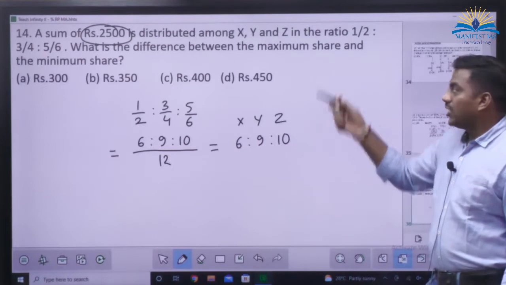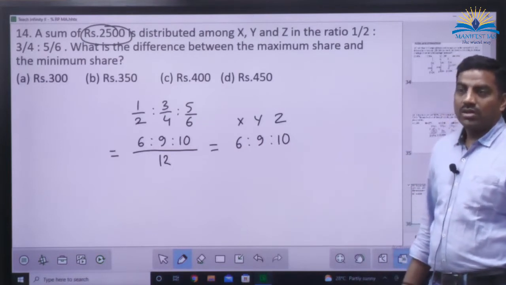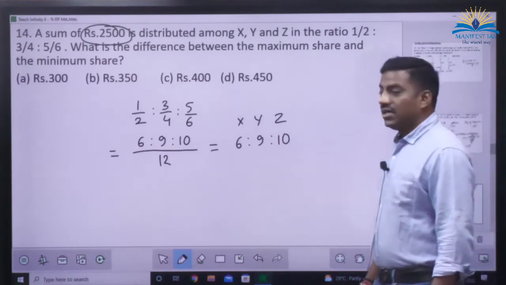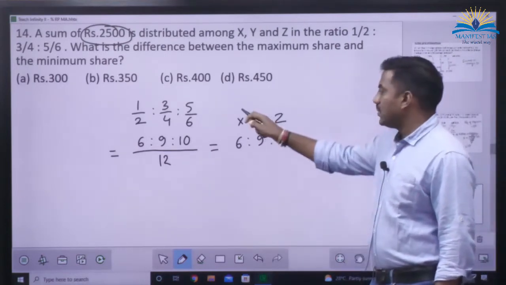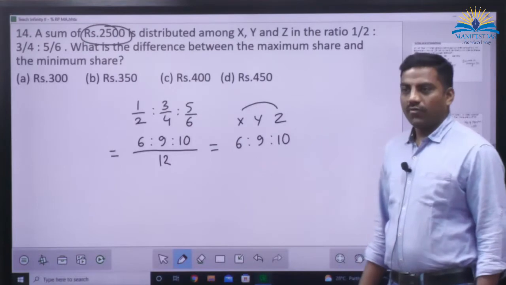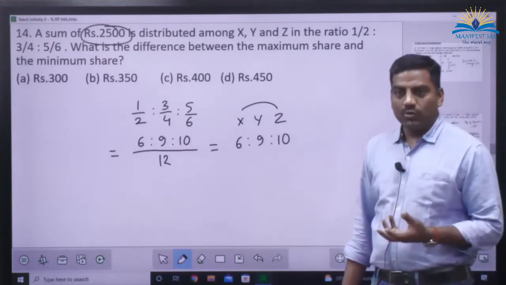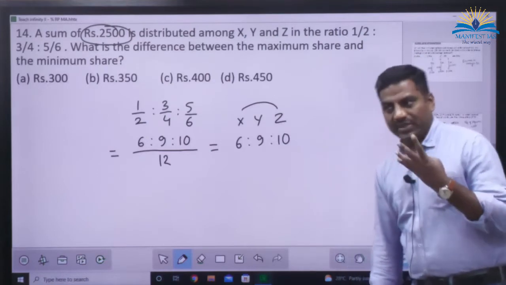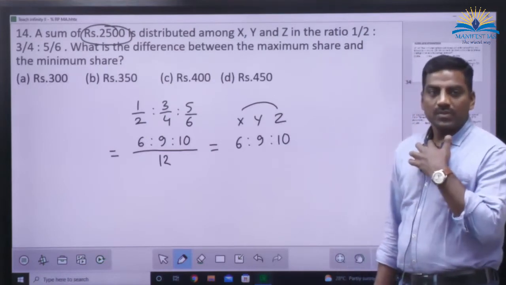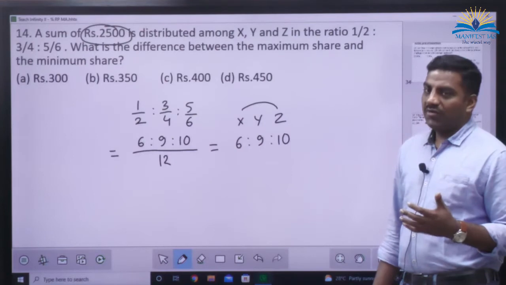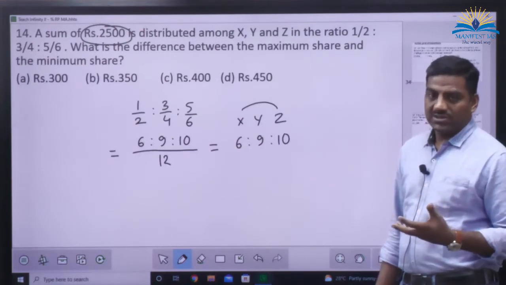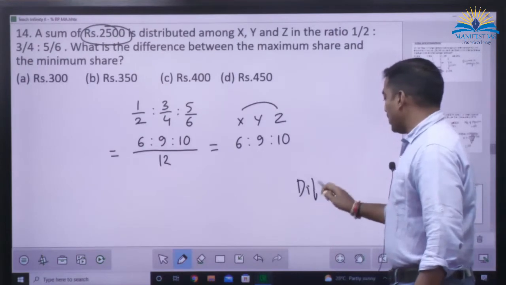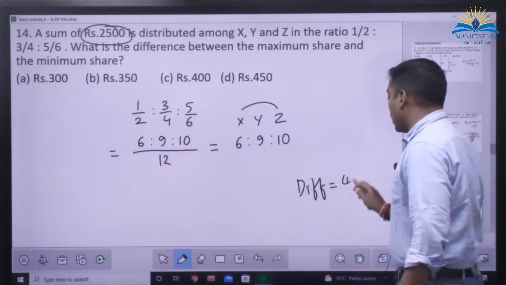But we are distributing 2,500, 100 times. So what is the difference between minimum share and maximum share? 4, right? If it was 25 rupees, we would have got a difference of 4 rupees. If we are distributing 2,500 rupees, 400 is the difference. So the difference between maximum and minimum share is 400 rupees.